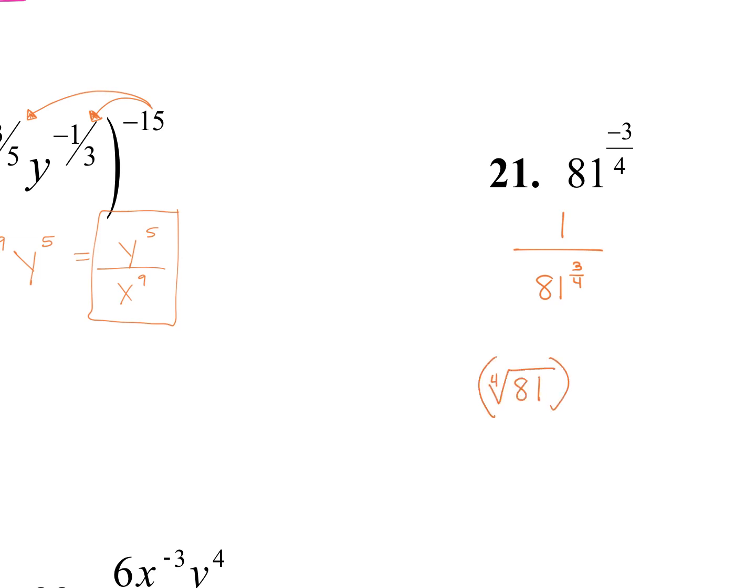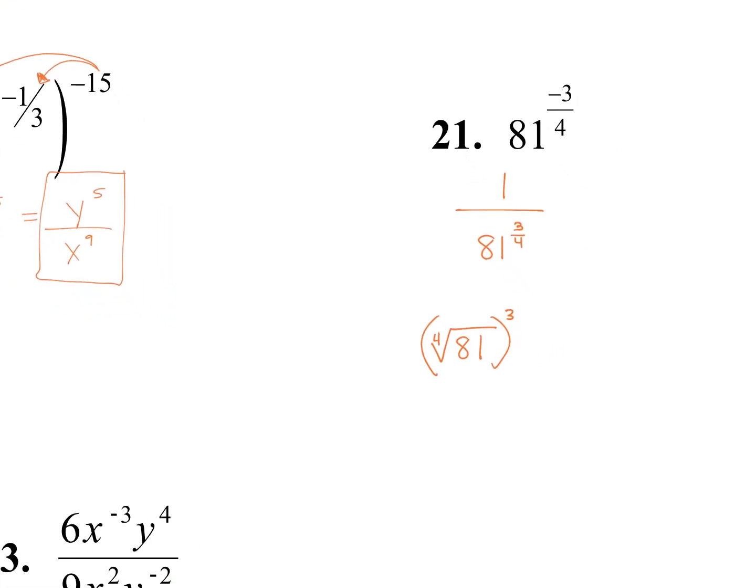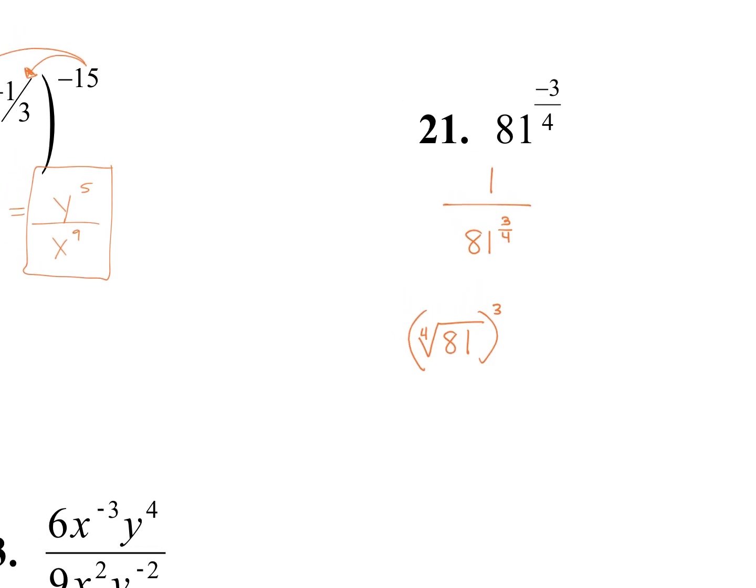Fourth root of 81, and we're gonna cube it, okay? And at that point, you can totally plug it into your calculator, that's fine. Fourth root of 81 cubed is going to be, this is still over 1 over 27. You remember how to plug a fourth root in on your calculator? 4 math 5, right? 4 math 5 is a fourth root.